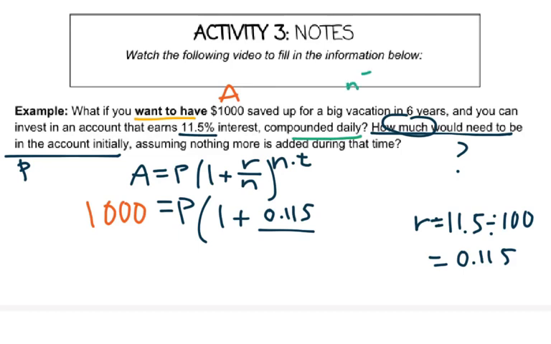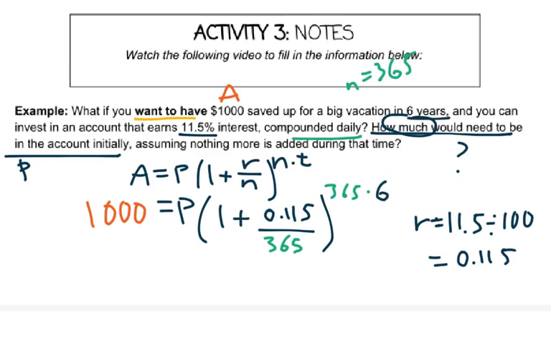Well, 365, so N is 365. And so then we've got N again, times, and then how many years? So the vacation is in 6 years, so we want to have that in 6 years.